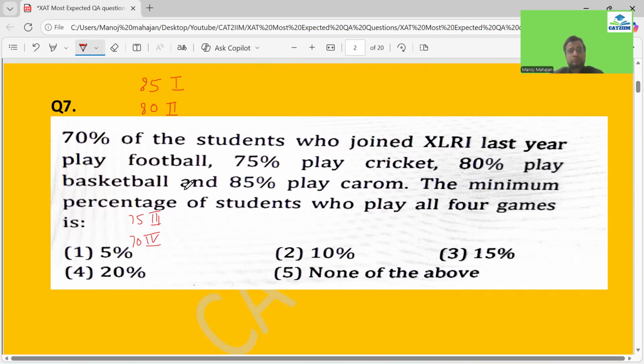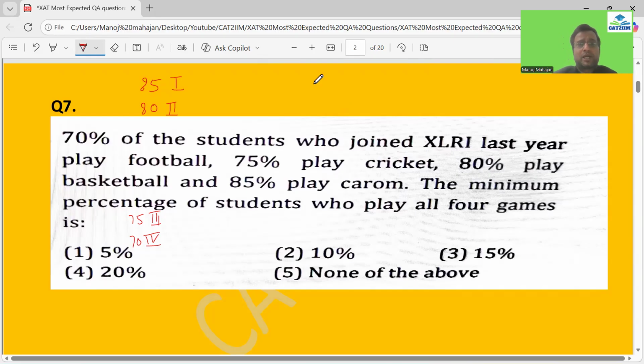Now, you may find this method to be a little difficult in the beginning because you may be doing it for the first time, but students who have done the classes with me, or if they know this logical way, they would be able to answer such questions with ease in any exam, including the XAT paper. So what we are going to do is, see, the percentage they're asking who play all four games.